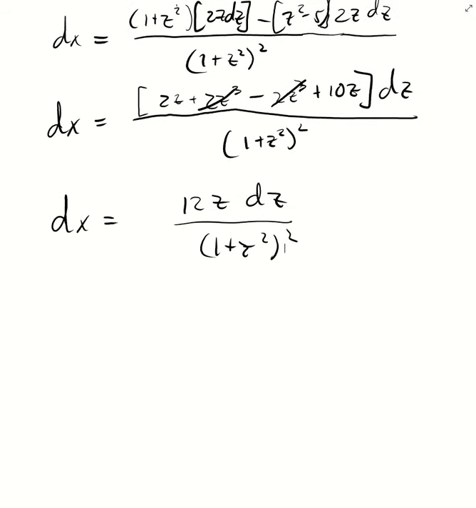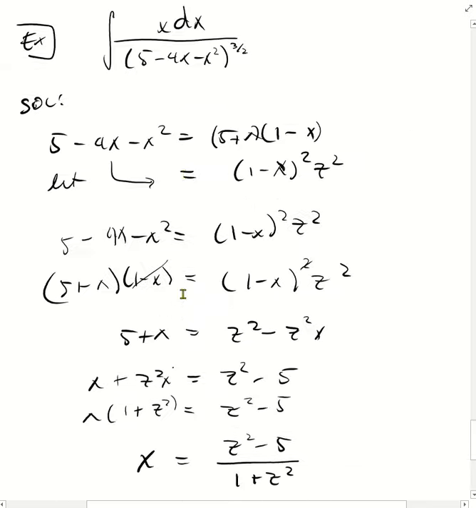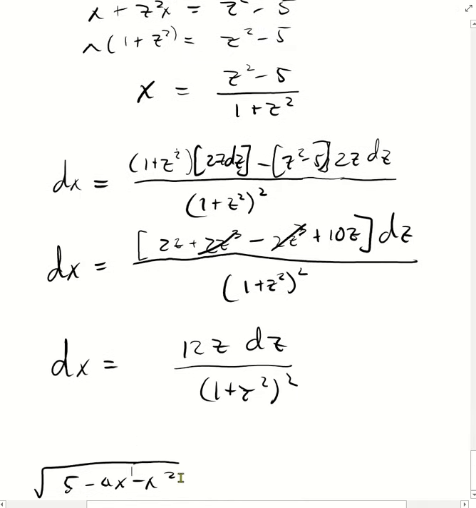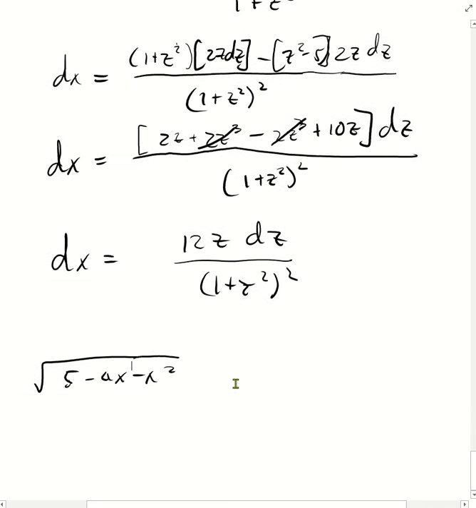Then next is to solve for the square root of 5 minus 4x minus x squared. Although it's not a square root, it's raised to 3/2, we just need to solve for the square root, then we just need to cube that one later on.